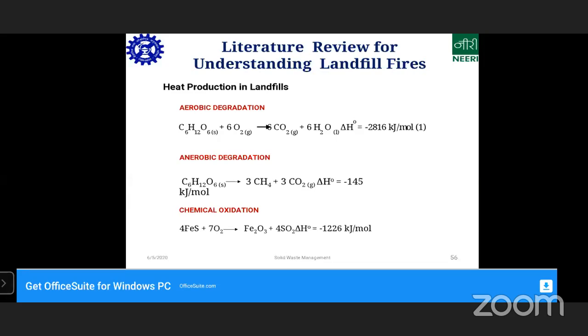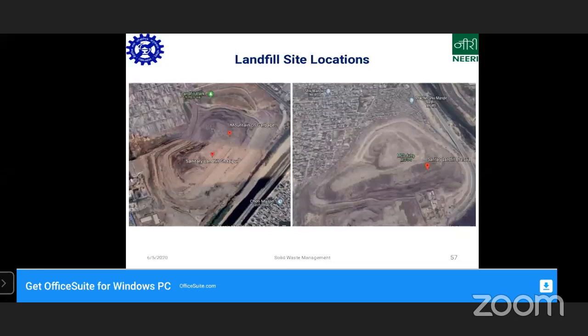Then when there is anaerobic degradation, again there is heat release. Then when there is a chemical oxidation process, again there is heat generation. So when you go into detail, all these processes contribute to heat generation, and finally lead to the fire accidents.